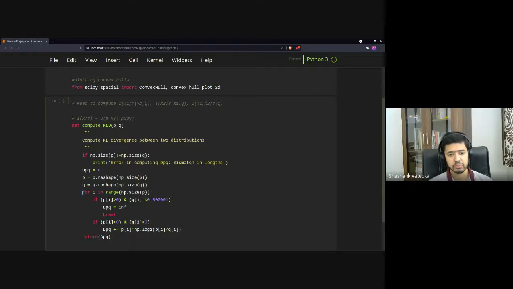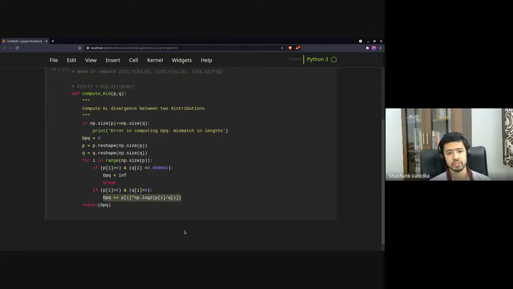When either p of x y is equal to 0 or p x p y is equal to 0, we need to be careful in evaluating the KL divergence, but otherwise it's just the summation of p of i log p of i over q of i, right? You can implement this function in your favorite technique, but here is one way to do it.